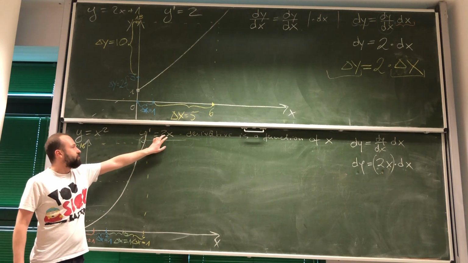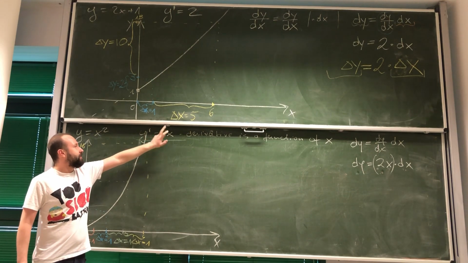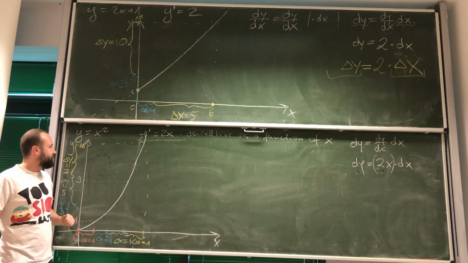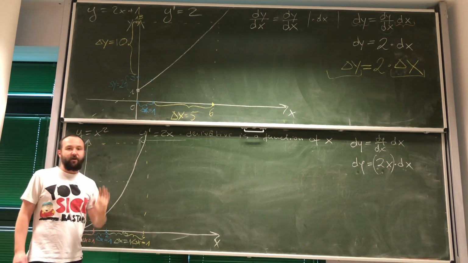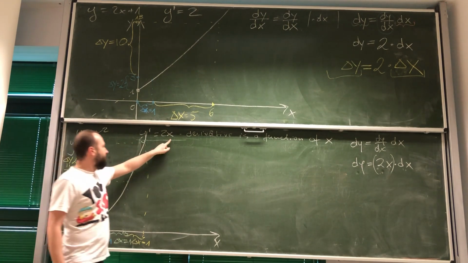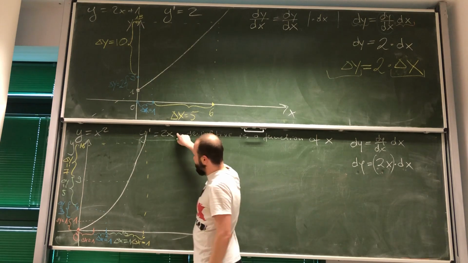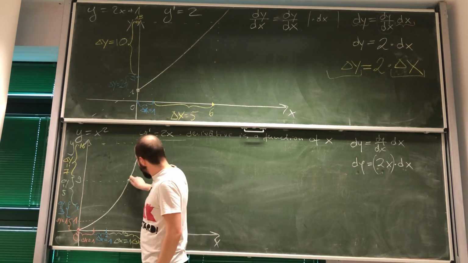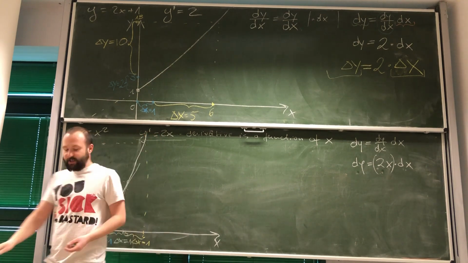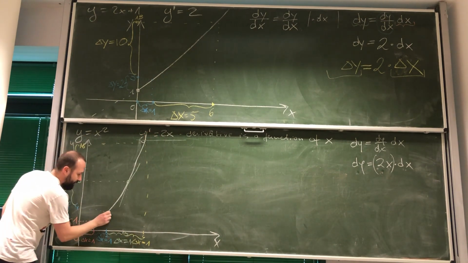And we see this from the derivative as well, right? The bigger the x, the bigger the 2x, so the bigger the first derivative, the bigger the slope of the function. And knowing the value of x, you can just substitute it here and get the slope of this function at any point.